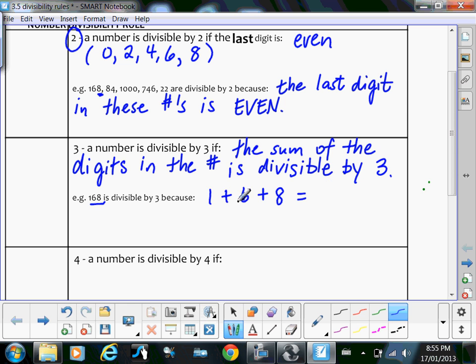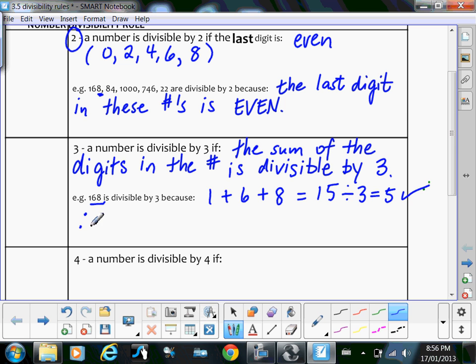If you add up the digits 1 plus 6 plus 8, you should get 15. Now, the sum of the digits is 15, and if you divide 15 by 3, you get 5. That means it's evenly divisible by 3.